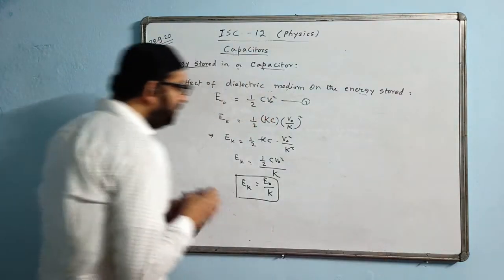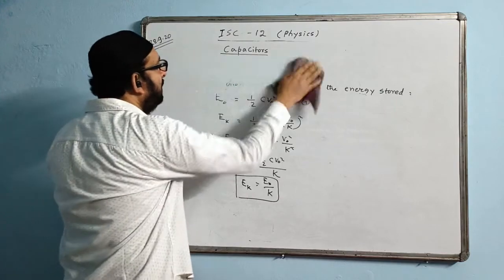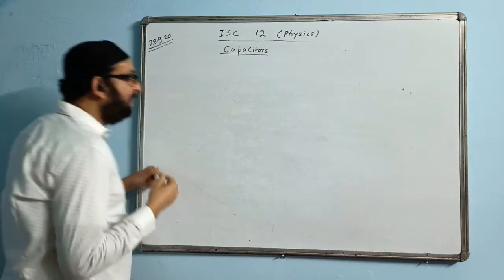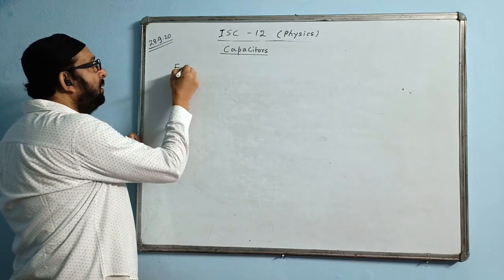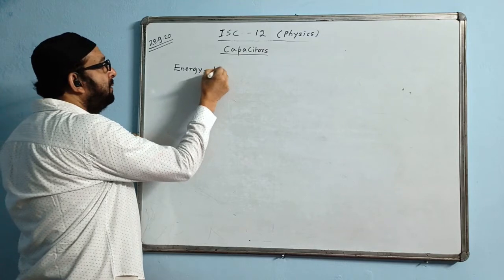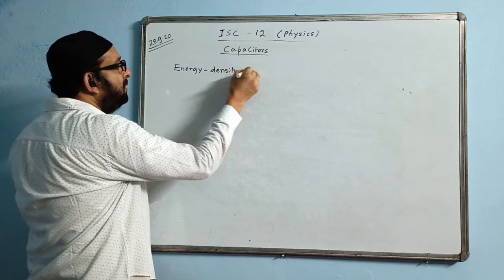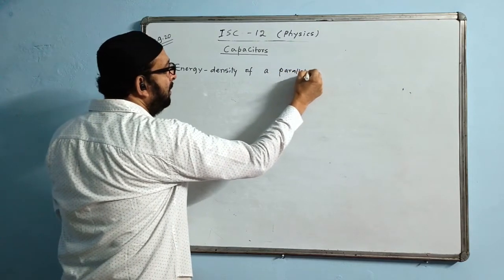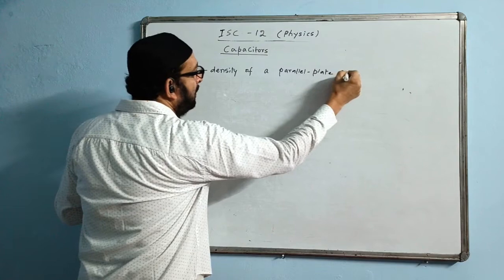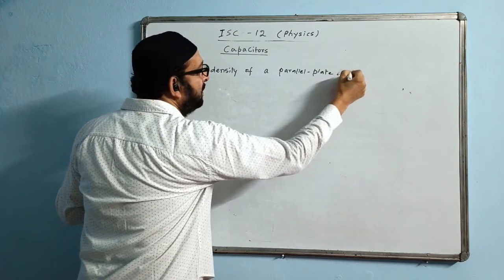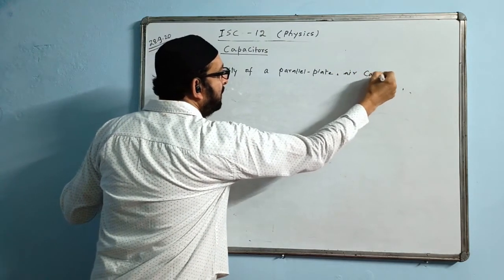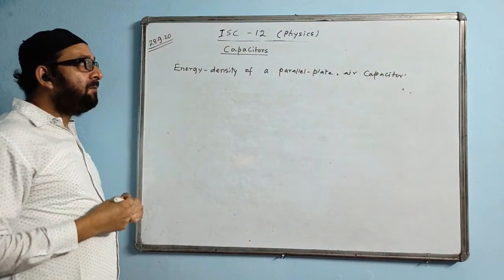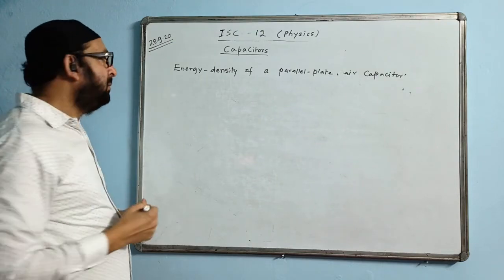Now the last part of this chapter, which you have to know just a little bit, is energy density of a capacitor. Energy density of a parallel plate air capacitor.